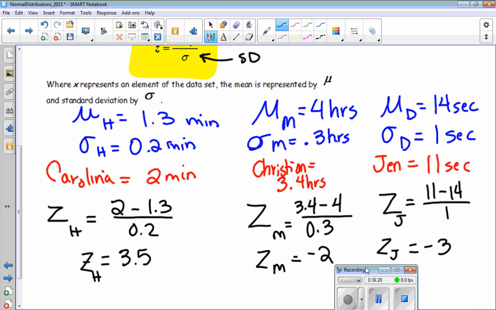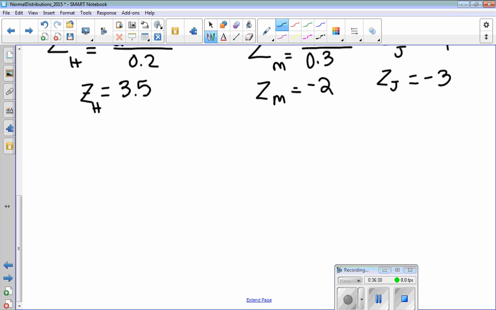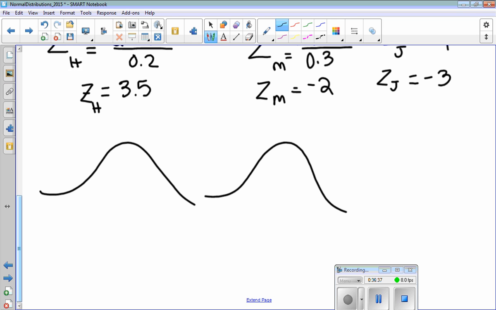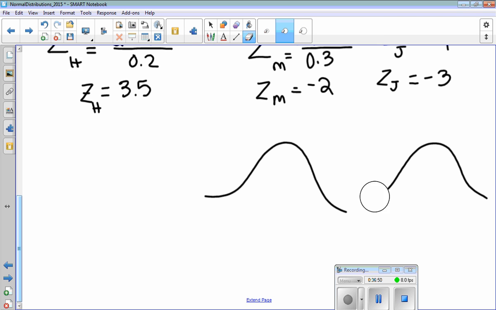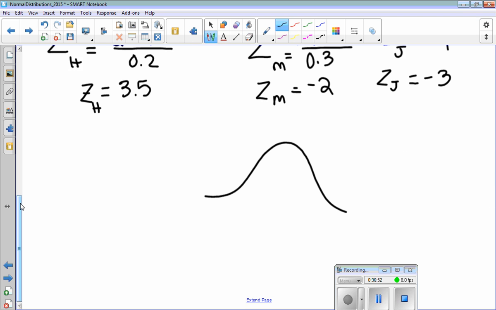Okay? So what is a z-score actually measuring? Well, if I had all of these on 3 different things, rather than do 3 different ones, by using a z-score, I can put them all together on 1. I have standardized. So I'm going from 3 different normal distributions now to 1. What would the middle be?